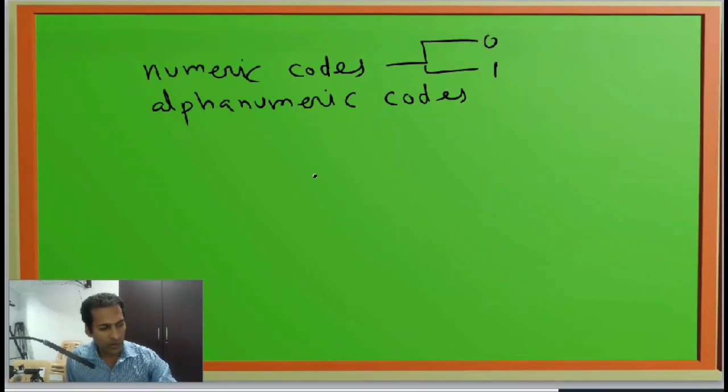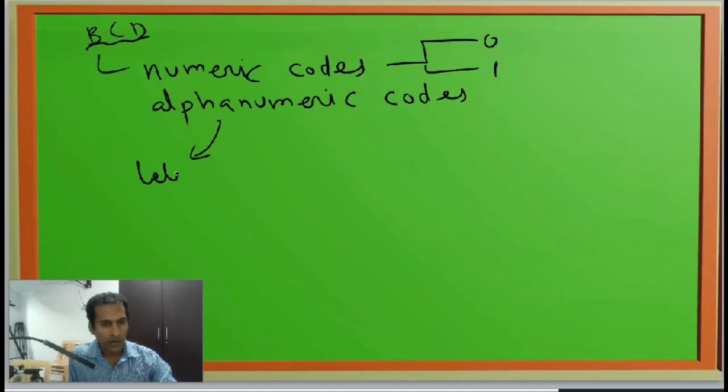Numeric codes used to represent the decimal digits are called binary coded decimal codes. That is something called BCD that we have to study. 8421, 2421, 5211 are BCD codes; there are different types. Alphanumeric codes represent both letters and numbers.